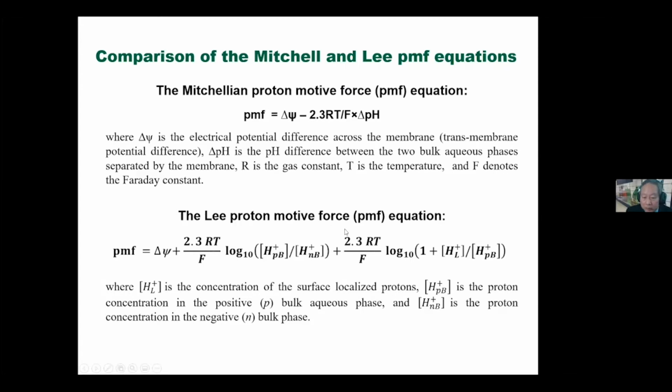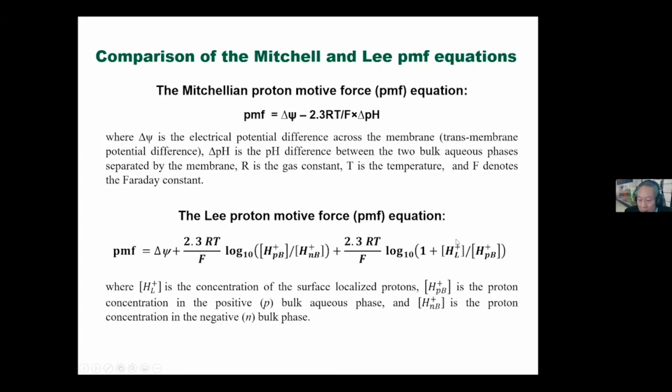the textbook equation misses this term. So that's a term I added. So here is 2.3 RT, gas constant, environmental temperature. So this term is the one with the layer on the surface, right? Electrostatic, localized, I use L here.